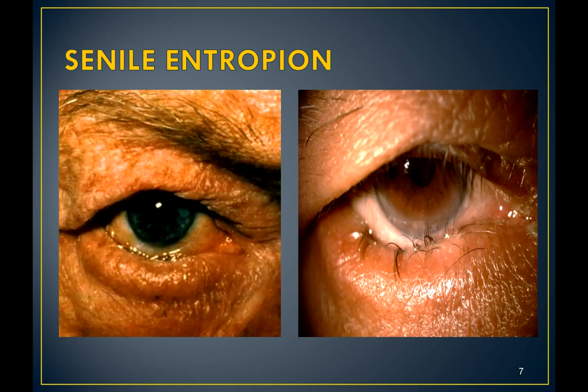On the right side of the picture, eyelashes can be seen rubbing against the cornea. These rubbing eyelashes cause irritation, pricking sensation and foreign body sensation in the eye, and if they persist for a long time they cause ulceration and opacities in the lower part of the cornea.